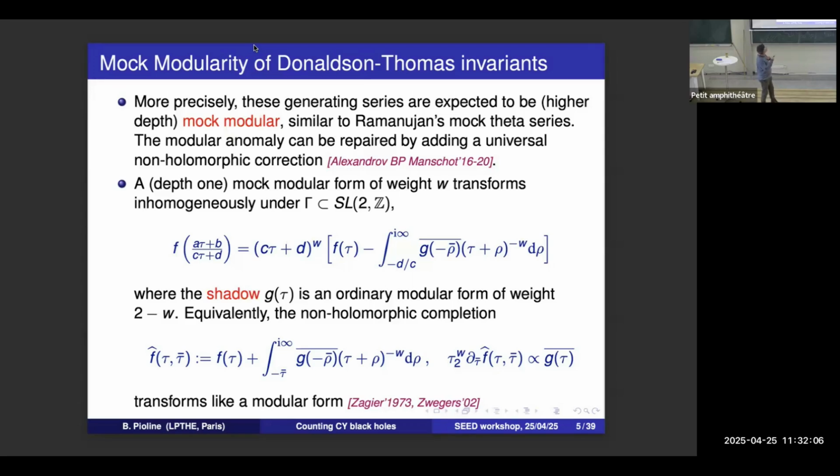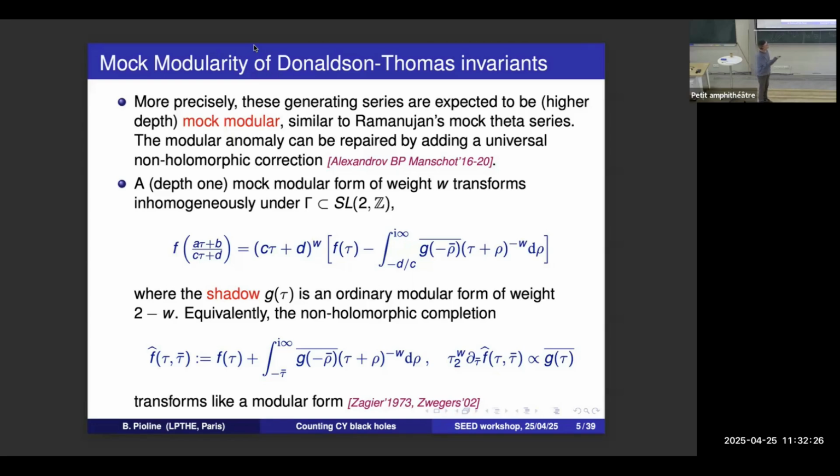So Ramanujan listed some q-series, which he claimed had nice modular properties, or something of that spirit. And it's only at the beginning of the 2000s, in the PhD thesis of Zwegers, that it was understood that the actual modular property is realized in this way.